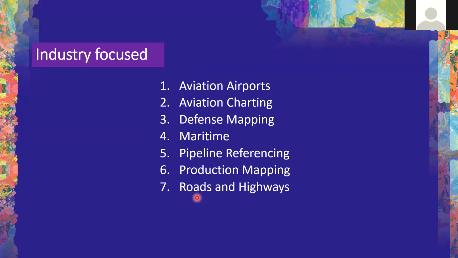Then there are industry focused extensions like Aviation, airports and charting. In defense industries, there is Defense Mapping, especially containing military symbology, military level symbols. Then Maritime charts and bathymetry modeling applications. Then there are referencing related things.